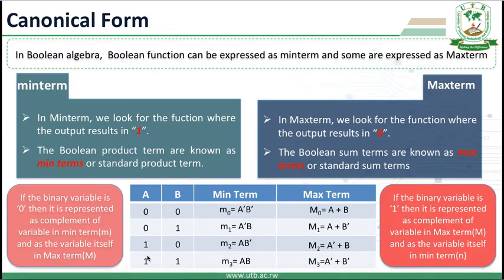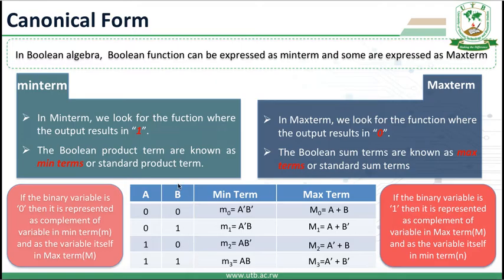Next, A is 1 and B is 1, so both are written as A prime plus B prime. So this is the way we develop min term and max term from the given truth table.